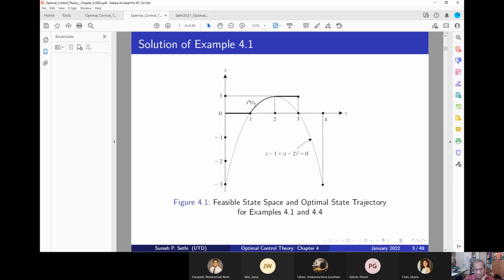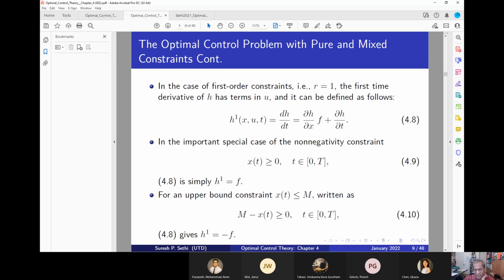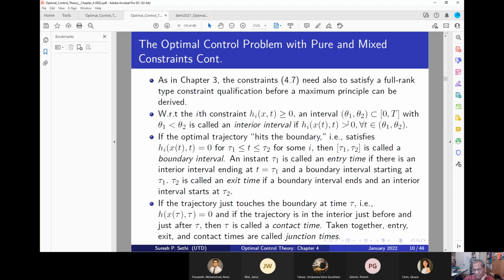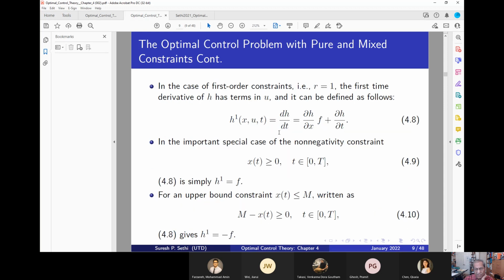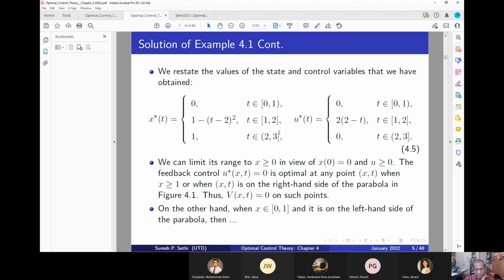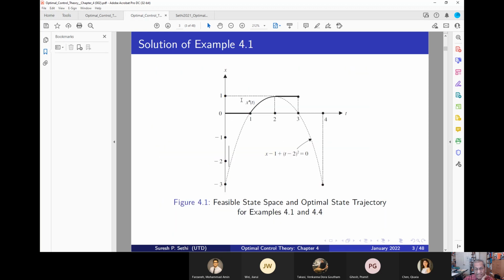This is an interior. Okay, go back to it again. Interior says that this is strictly bigger than 0, so the interior will be somewhere here.